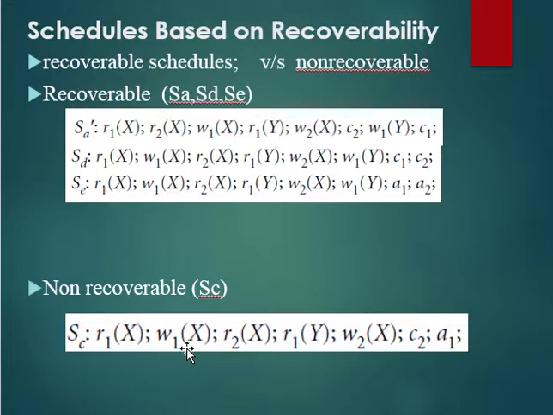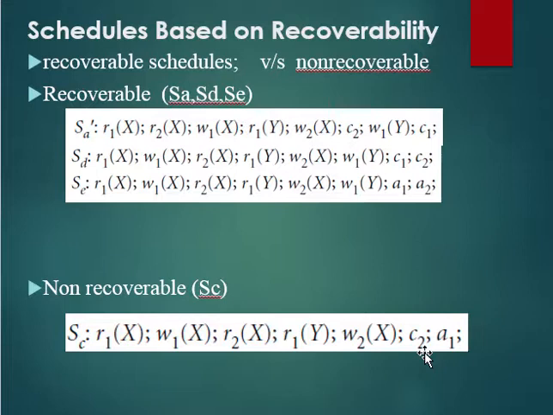So transaction T1 wrote something into X, and then transaction T2 read that data item. The principle says that first transaction T1 has to commit or abort, but when we check the schedule, you can see that firstly transaction T2 committed, and after that transaction T1 committed.